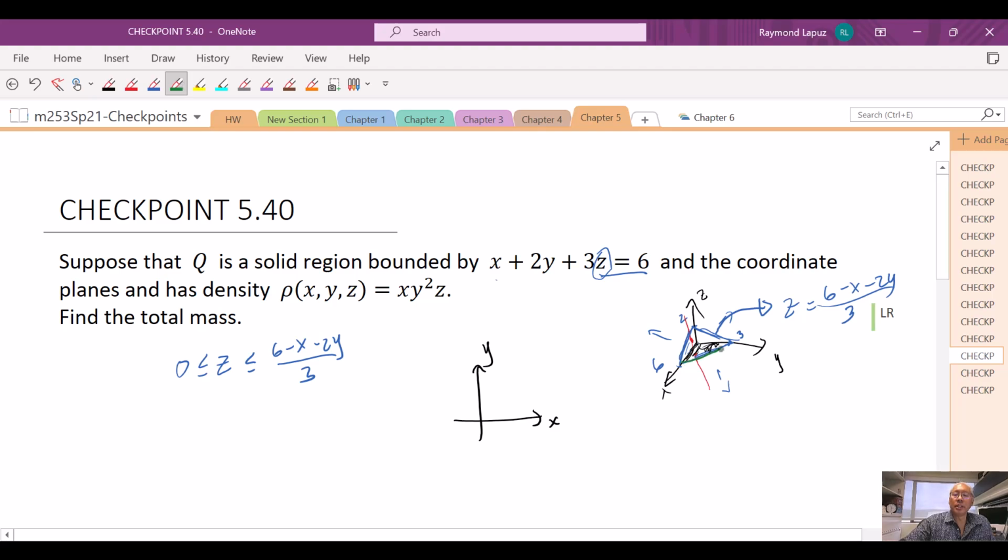And I'm seeing that there's this line over here that crosses through when x is equal to 6 and y is equal to 3. And then the shaded region on the xy plane is this, so I want to express this triangular region. That would be equivalent to setting z is equal to 0 here, and I'm going to have x plus 2y is equal to 6.